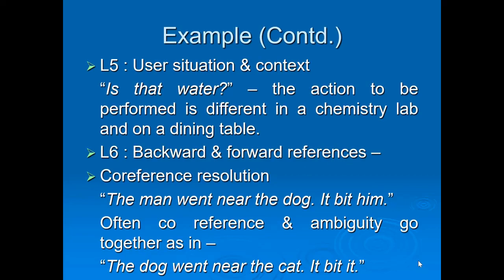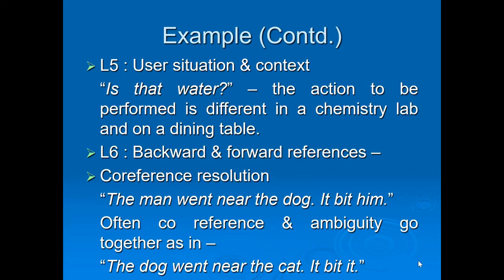The man went near the dog. Then the next sentence: it bit him. When the computer reads the sentence "it bit him," how will it identify what "it" represents and what "him" represents? For that we need to check the forward or backward sentences.